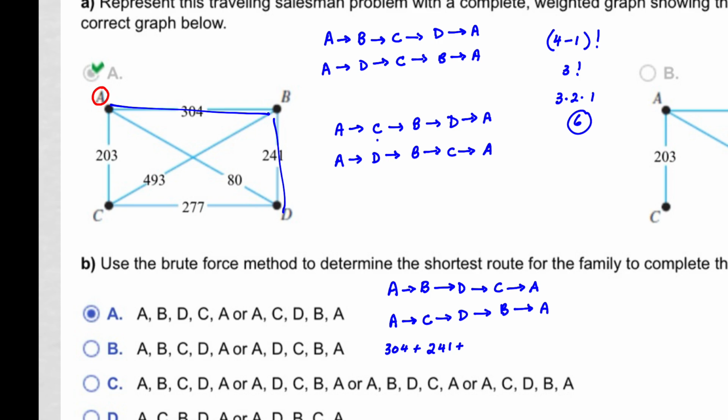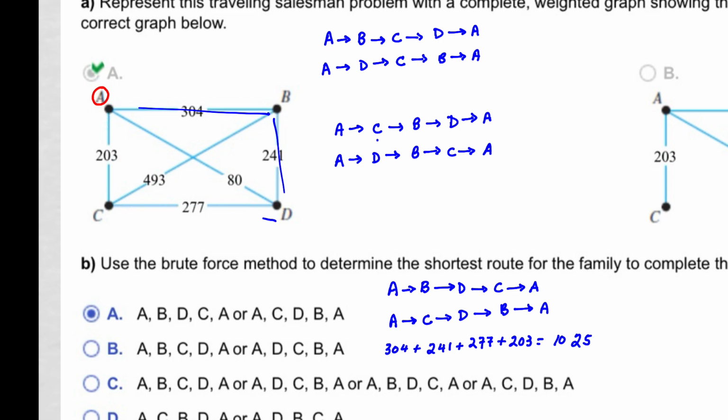D to C, that's 277. And then C to A is 203. And I get 1,025. Okay, let's come back up to the top here.